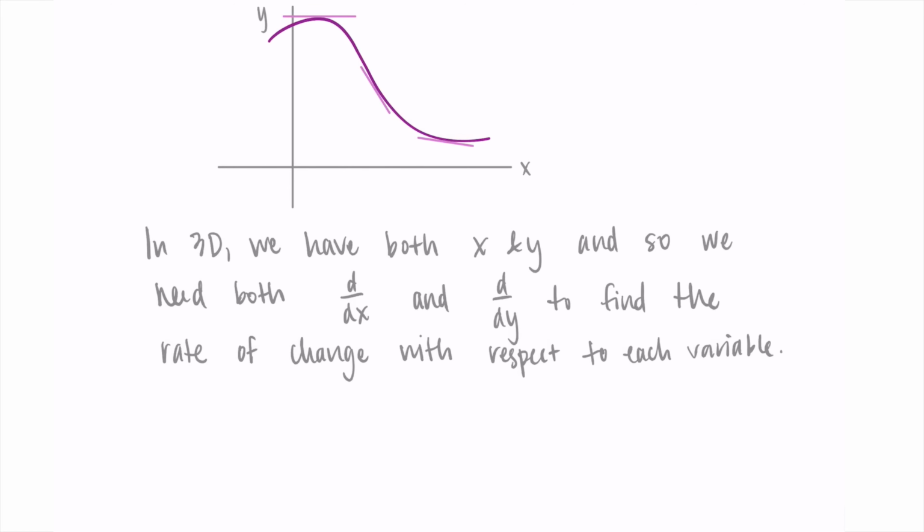So the idea here is that we're going to consider the rate of change with respect to x separate from the rate of change with respect to y. So rather than just looking at the whole function and its rate of change, we're just going to go in the x direction or the y direction and talk about its rate of change.